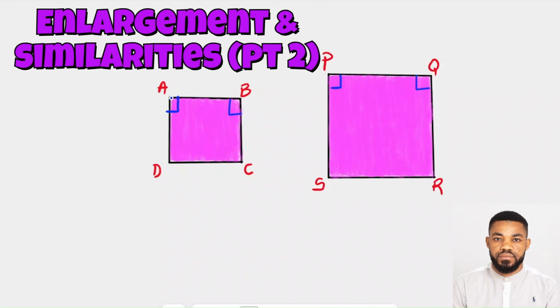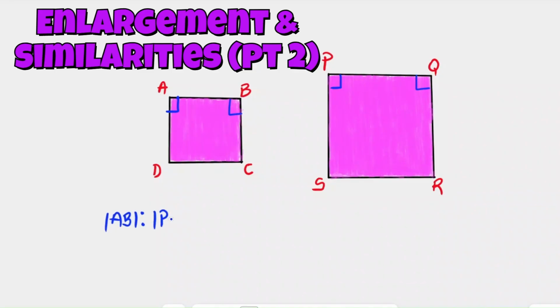Now, the side AB corresponds to the side PQ. So the ratio of their corresponding sides, AB to PQ, is equal to AD to PS.